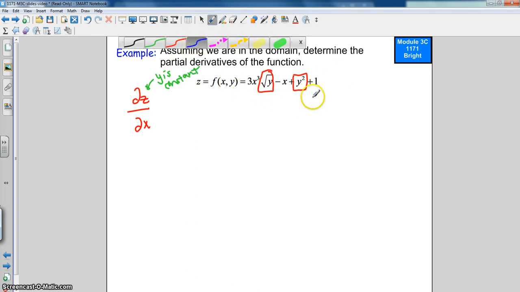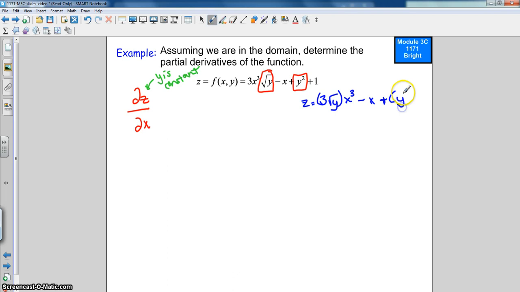If these are both constants, I can write z as 3 square root y, parentheses, x cubed minus x, and then plus, and I can add parentheses wherever I want with addition, y squared plus 1, because that's all a constant.